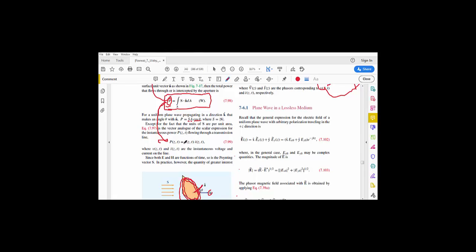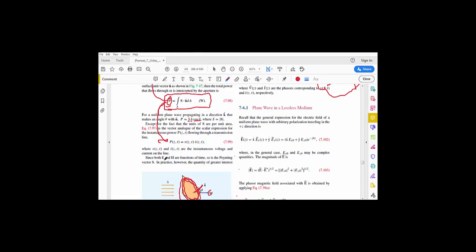Integration of the electric field has the dimension of volt, and integration of the magnetic field has the dimension of current. So the resulting power is the counterpart of the transmission line case, and we will discuss the power carried by the transmission line maybe in the future, next semester.